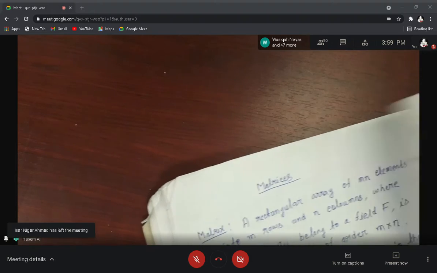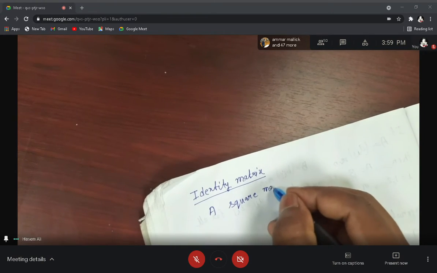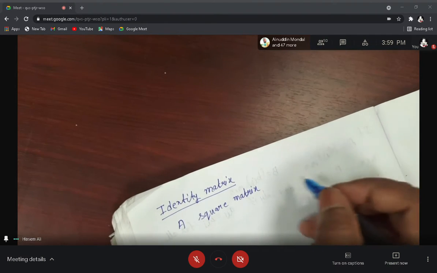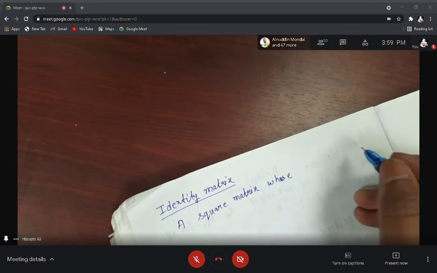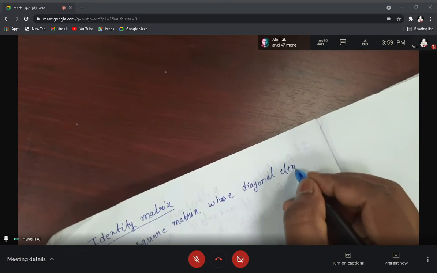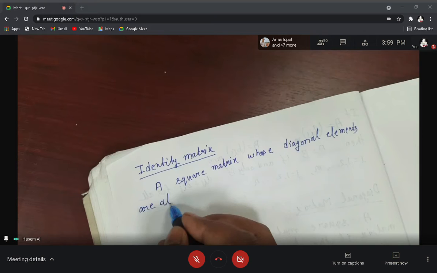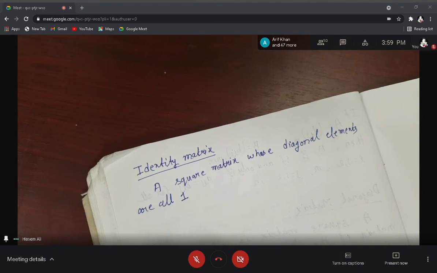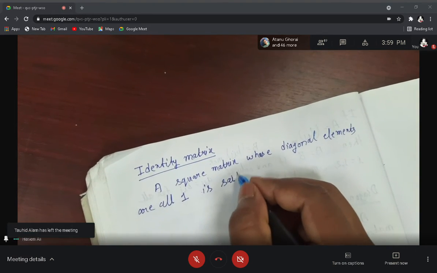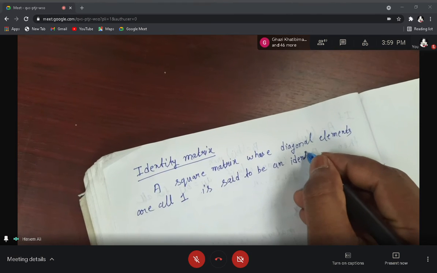Identity matrix. First condition: a square matrix whose diagonal elements are all 1 is said to be an identity matrix.